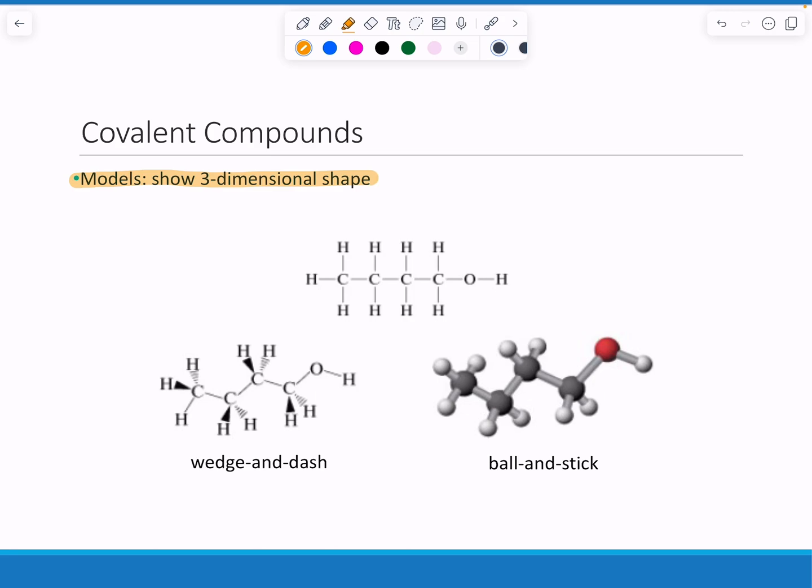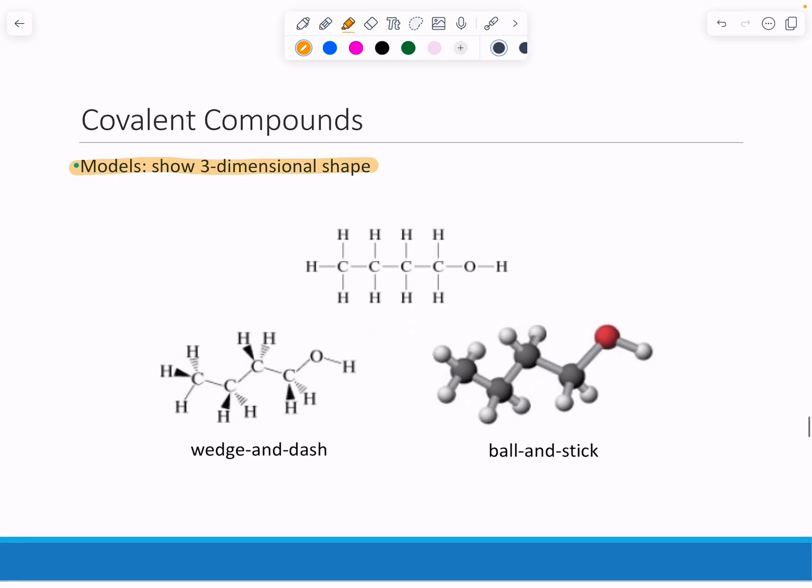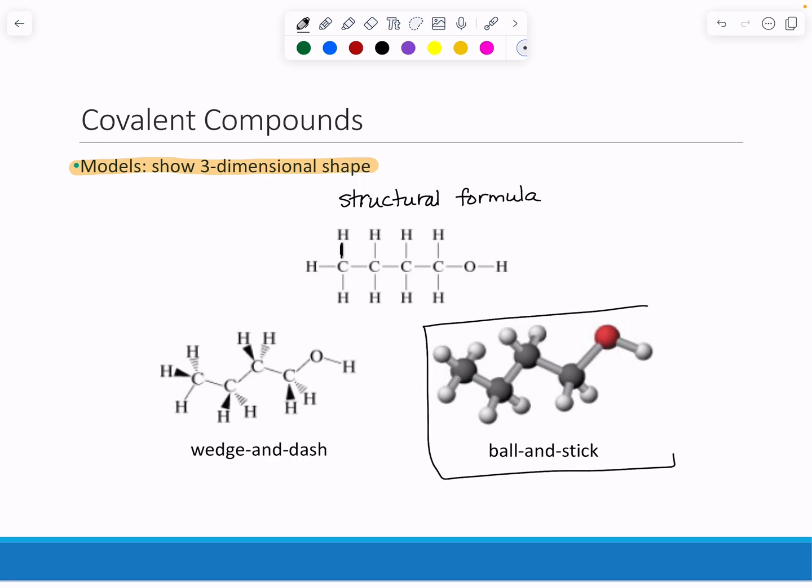They show the three-dimensional shape. So this is our structural formula, and again, the lines represent bonds, connections between atoms. All right, and so we have something called a ball and stick, this right here.